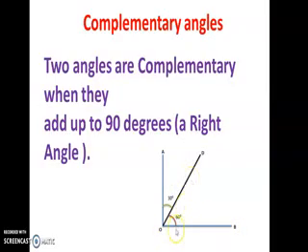Angle BOD is 60 degrees and angle AOD is 30 degrees. If I add these two angles, I will get the sum as 90 degrees. So angle AOD and angle BOD are complementary angles.